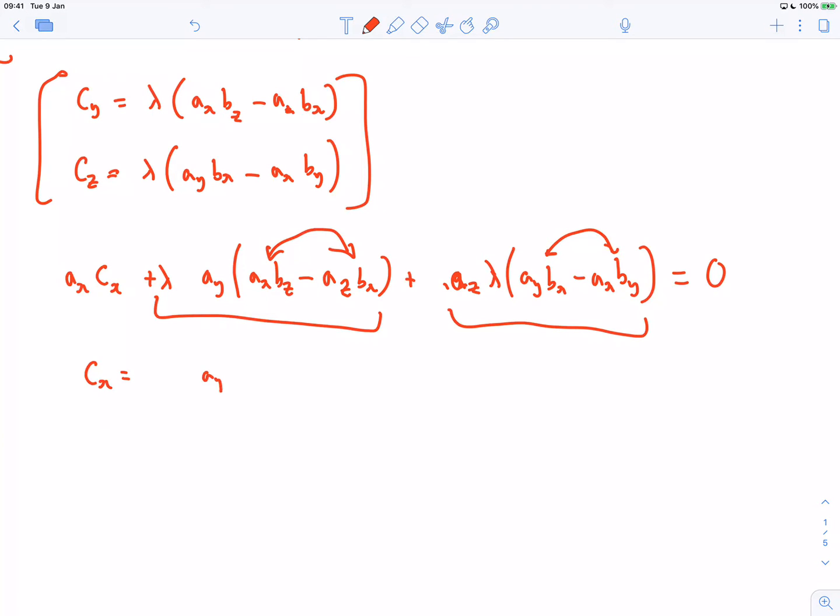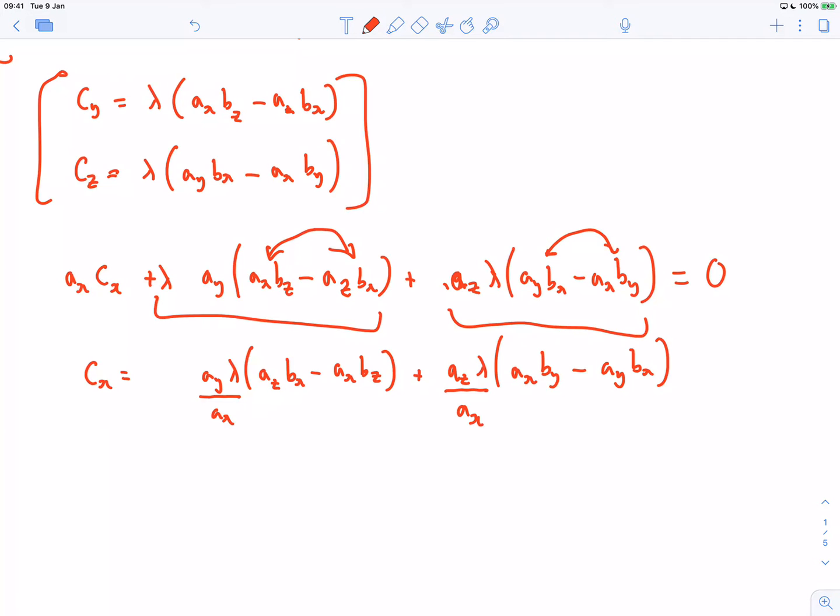So I'm going to have AY, lots of lambda, lots of AZBX minus AXBZ, plus AZ lambda lots of AXBY minus AYBX. And then all I have to do is divide by AX. So all of this has to be divided by AX. Like so.